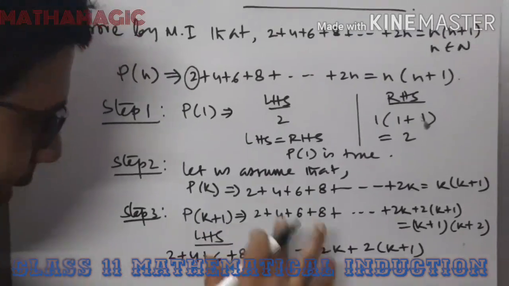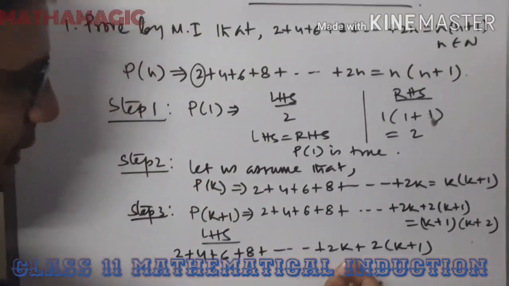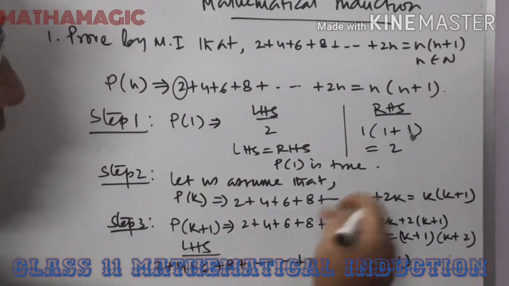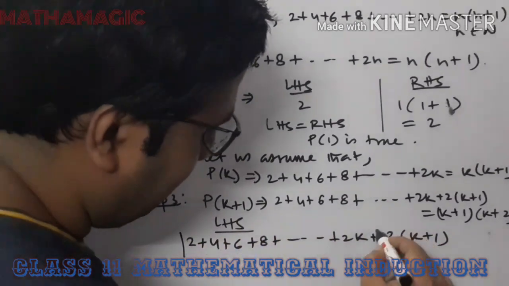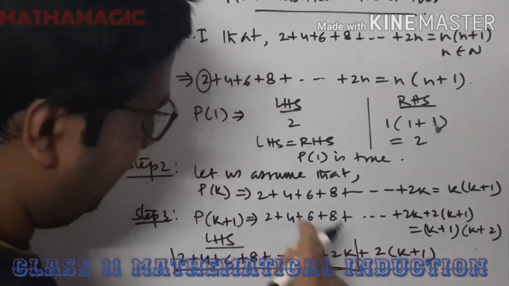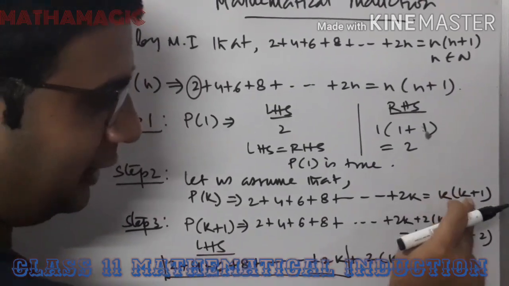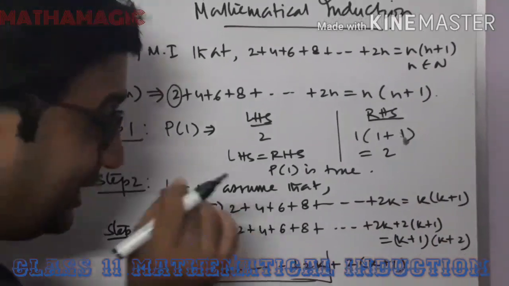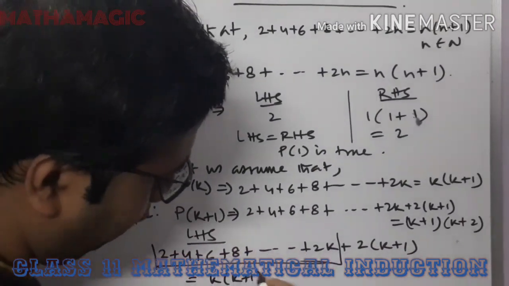I'll show what is the need of writing this: 2k plus 2 into k plus 1, that means the nth term and the n plus 1th term. So we have already stated up to this one. We already have a value of this one as k into k plus 1. So we will just put the value here. So it will be k into k plus 1.